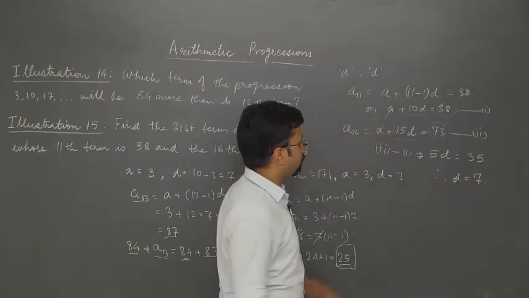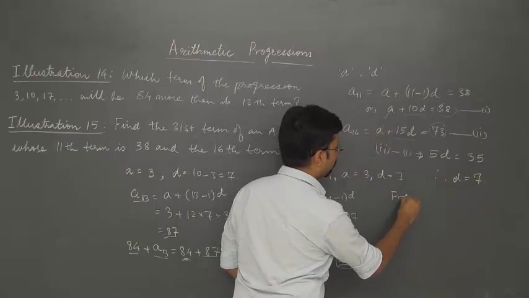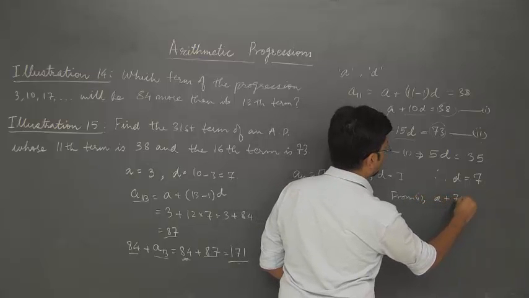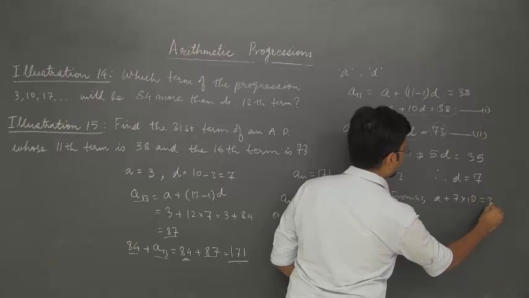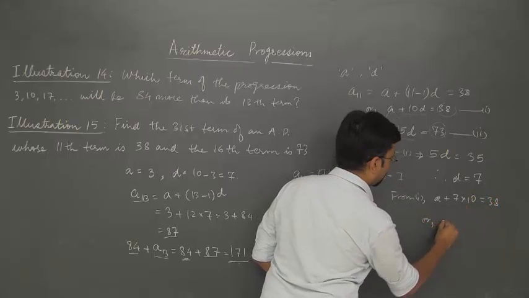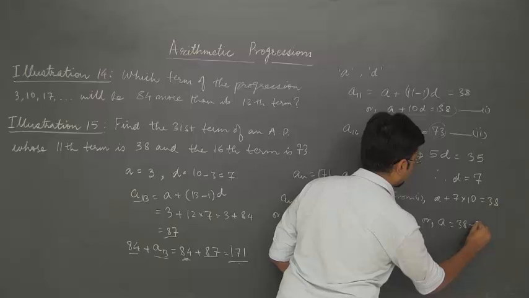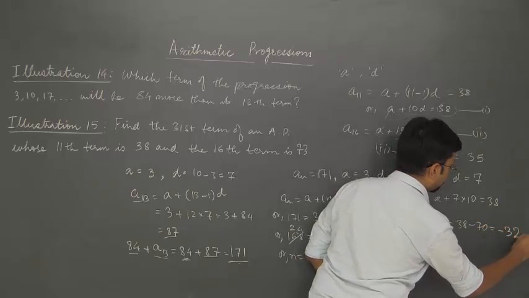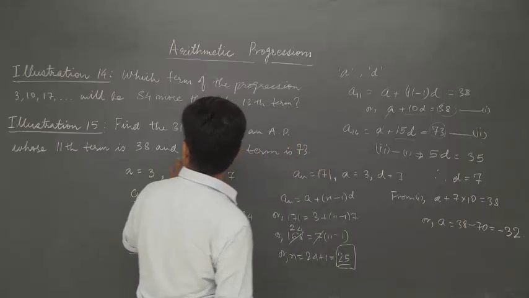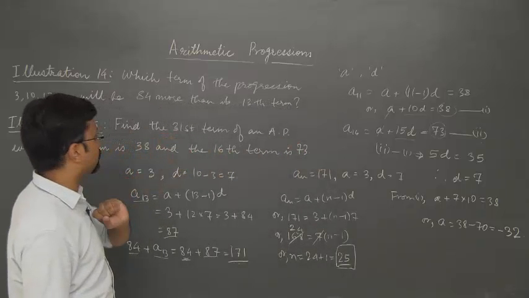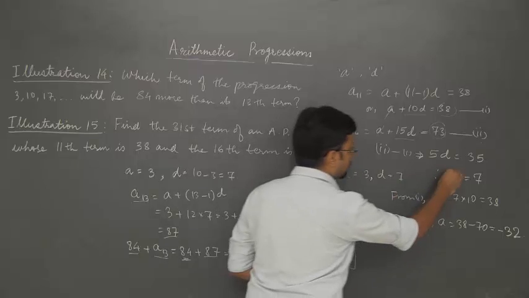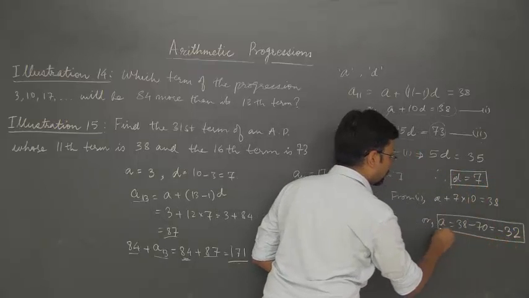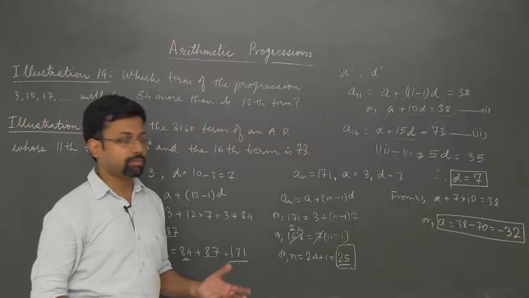When we get D equal to 7, we substitute in 1 and we get A plus 7 into 10 equal to 38, or A is equal to 38 minus 70 is equal to minus 32. So we have to find the 31st term now. We now know what D is, and we now know what A is, the first term. Can't we write the 31st term? It's very simple.